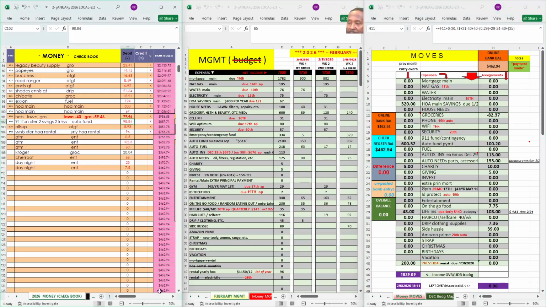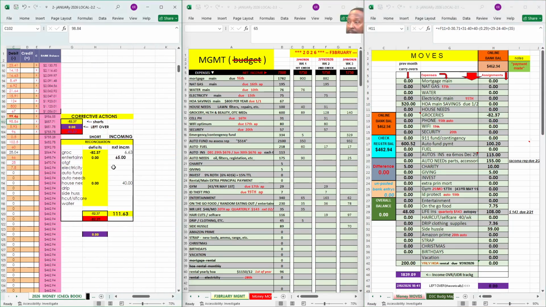What does the corrective actions plan look like? Here's house needs. Now I got $40 that's going to be available when I get paid next. Now let's look at the next one: $82.37 negative in groceries. Since in my auto fund I got $120, I say, okay, I'll just take 82.37 of this and give it to groceries.